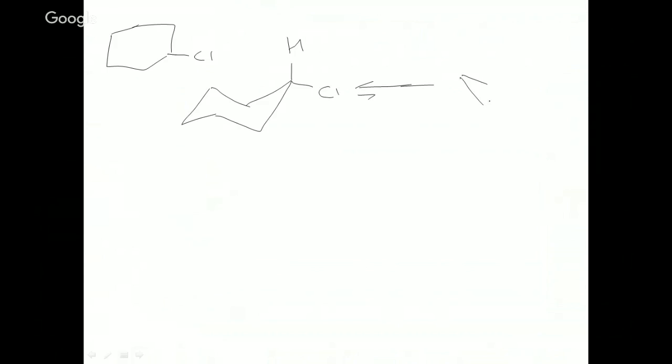Vastly favored is the equatorial. And we have the less stable alkyl chloride. So less stable, more stable. Okay, that's all well and good. We've established that in the past. Groups prefer equatorial. But I am going to throw a wrinkle in.